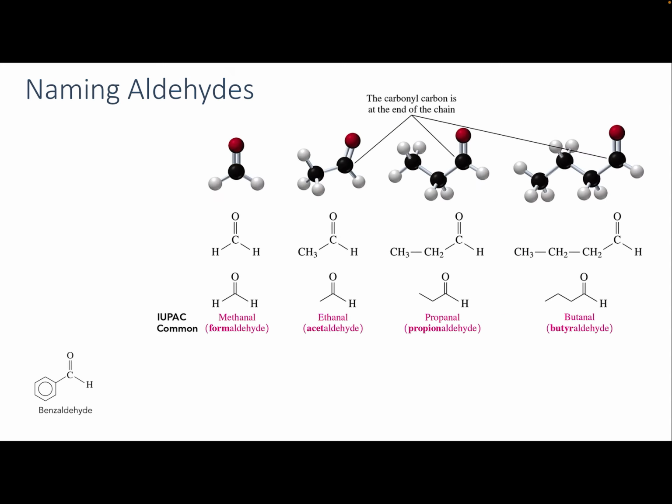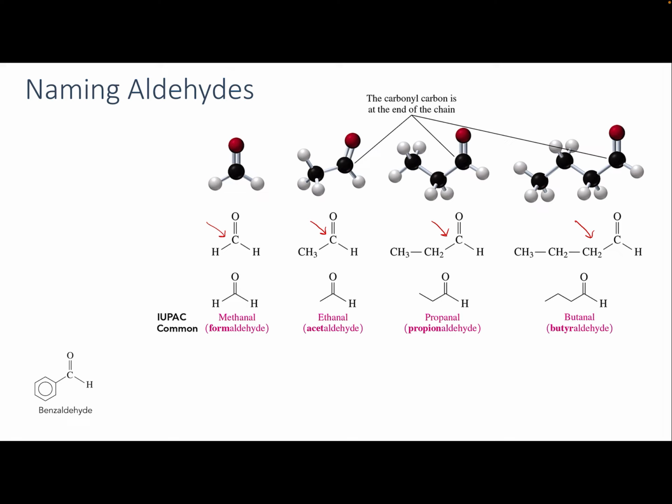I'll show you some examples here. We've got a 1 carbon molecule that would be methane, so methanal. We've got a 2 carbon compound, ethane, so ethanal. We've got a 3 carbon compound, so propane or propanal, and butanal.